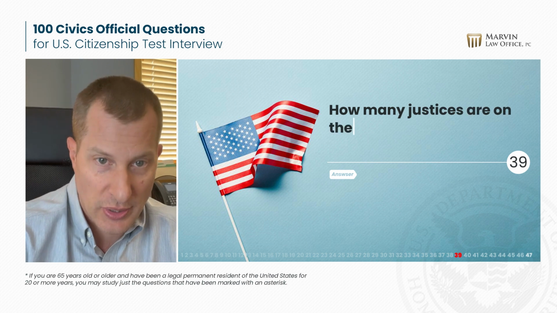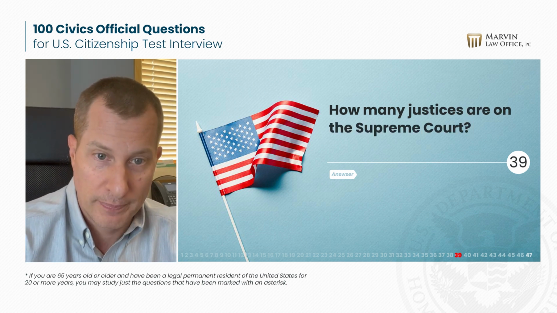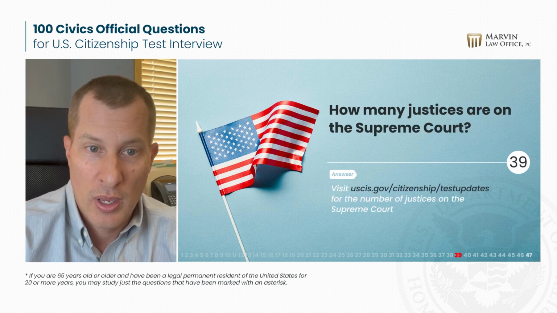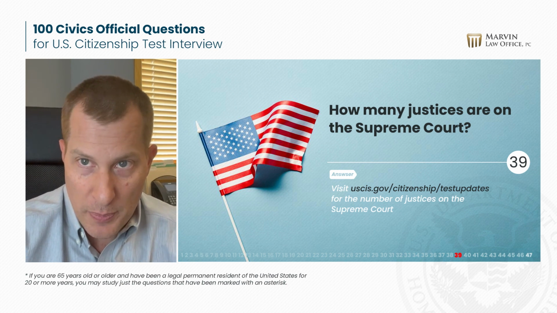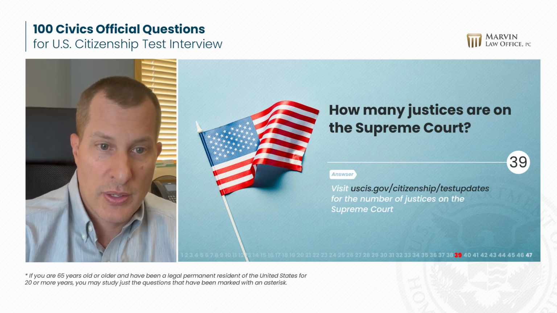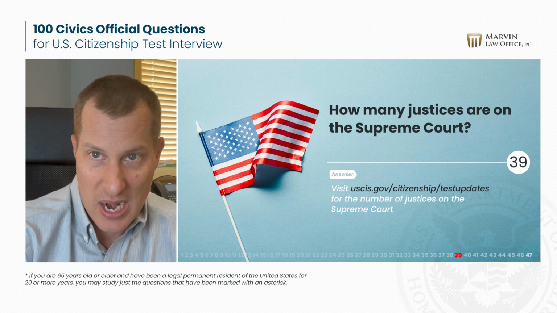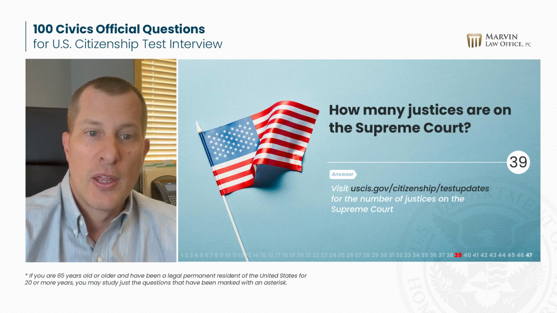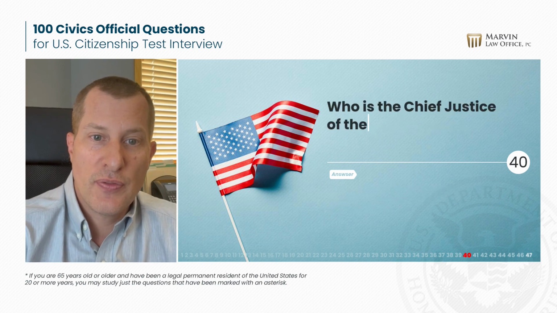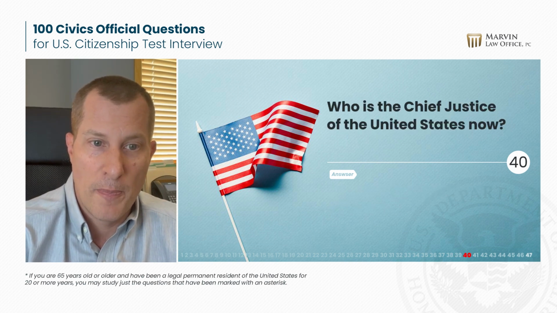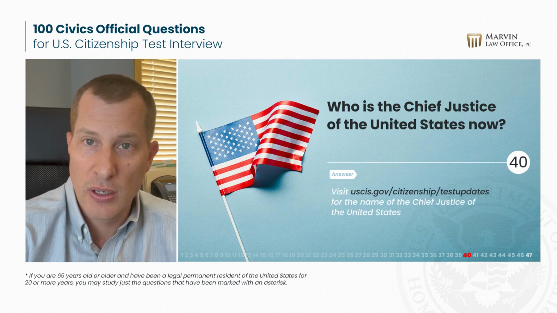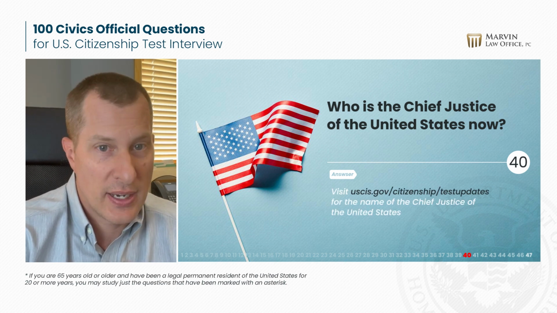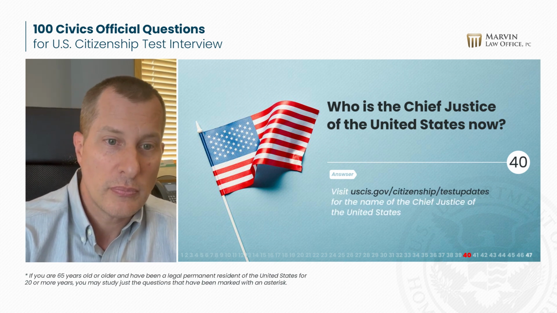How many justices are on the Supreme Court? So, look that up too, because there's 9 justices now, but that could change. Who is the Chief Justice of the United States now? Again, you need to look that up because that does change with time as well.